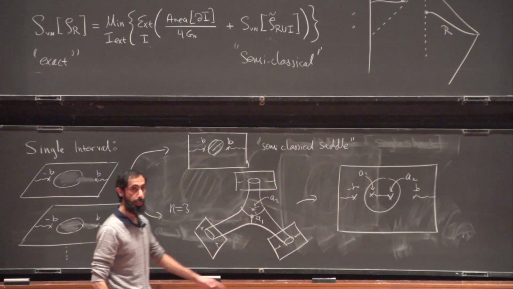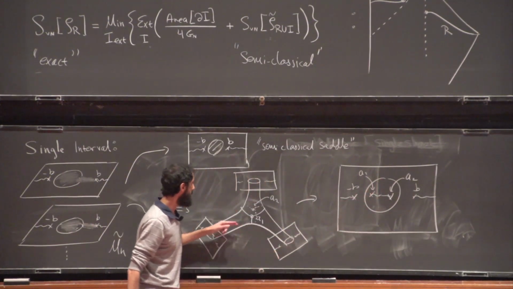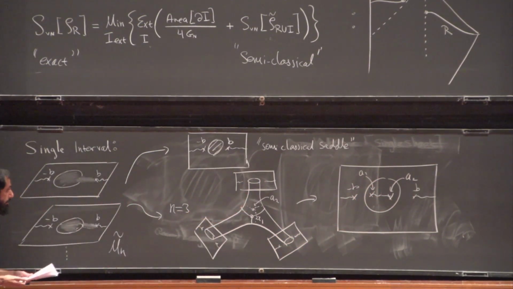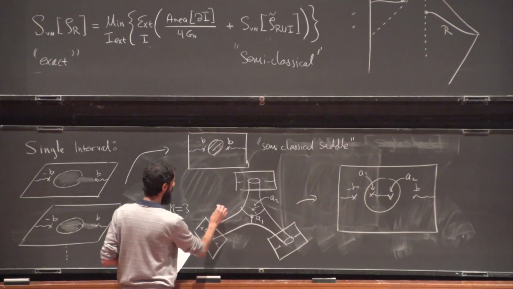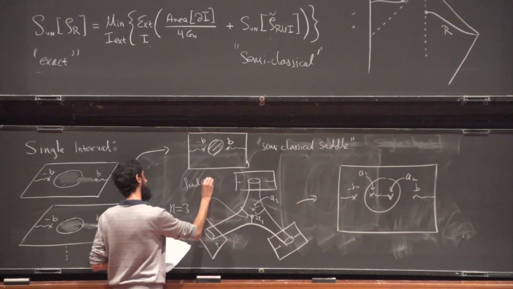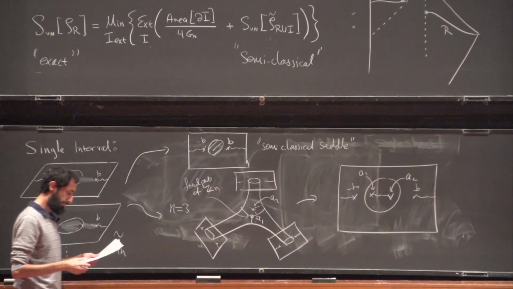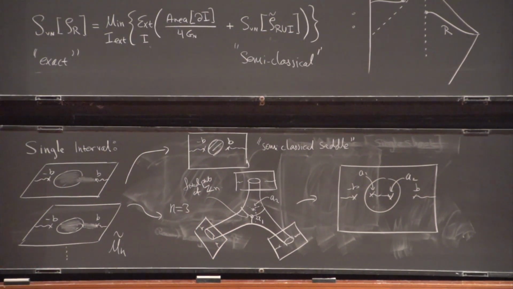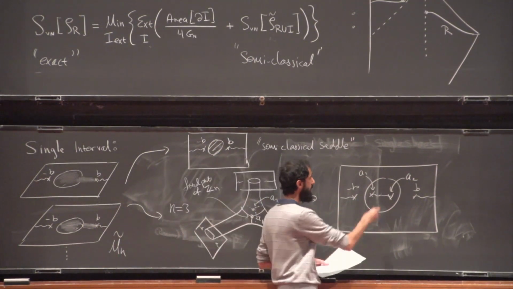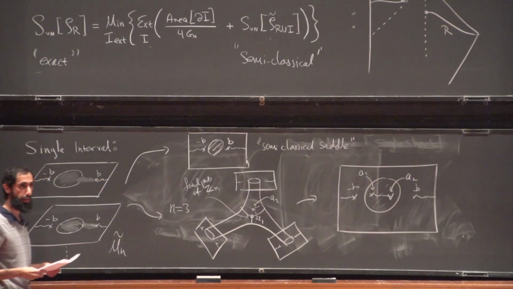Going along a trajectory like that takes you from one sheet to the next. These points, A1 and A2, are the fixed points of the Zn symmetry. The interesting thing here is that these new branch points and branch cut have been dynamically generated by gravity.